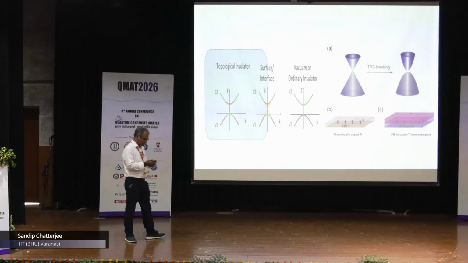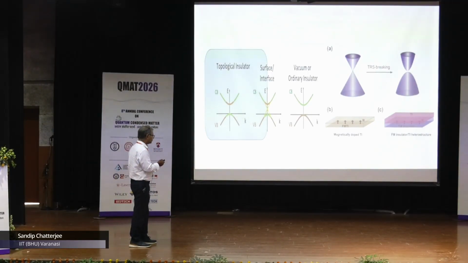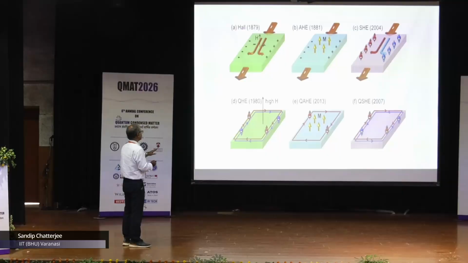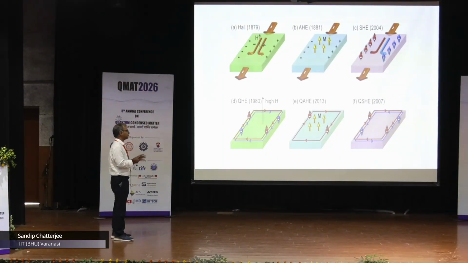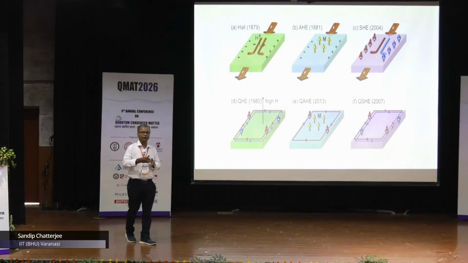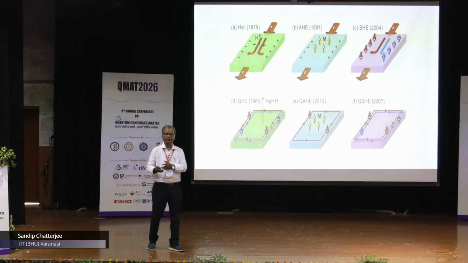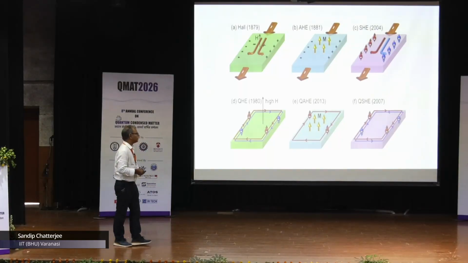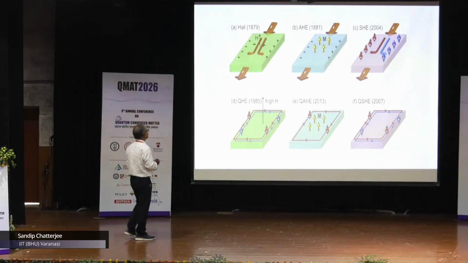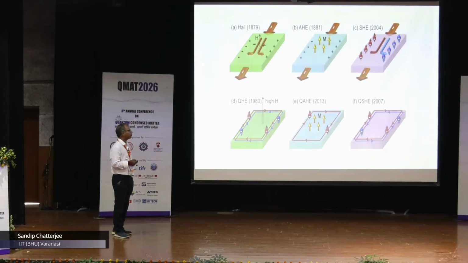Why is this important? Actually, the topological Hall effect, and topological insulators and topological materials, all these things have their main origin in the discovery of the Hall effect. This is a very important discovery in condensed matter physics.